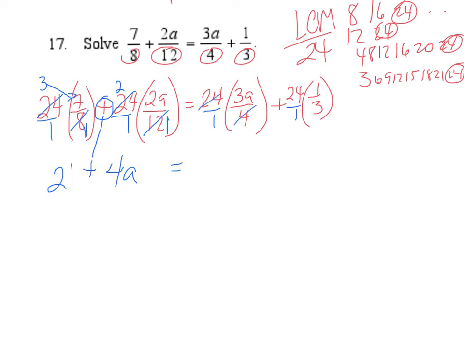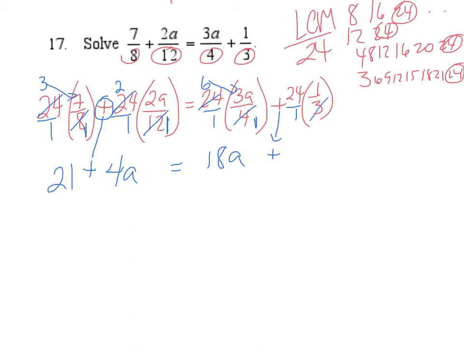I know that 4 can go into 24 6 times. This is an A. I just confused myself because I thought it was a 39, but it's a 3A. So 6 times 3A is 18A. Then I bring down my plus.